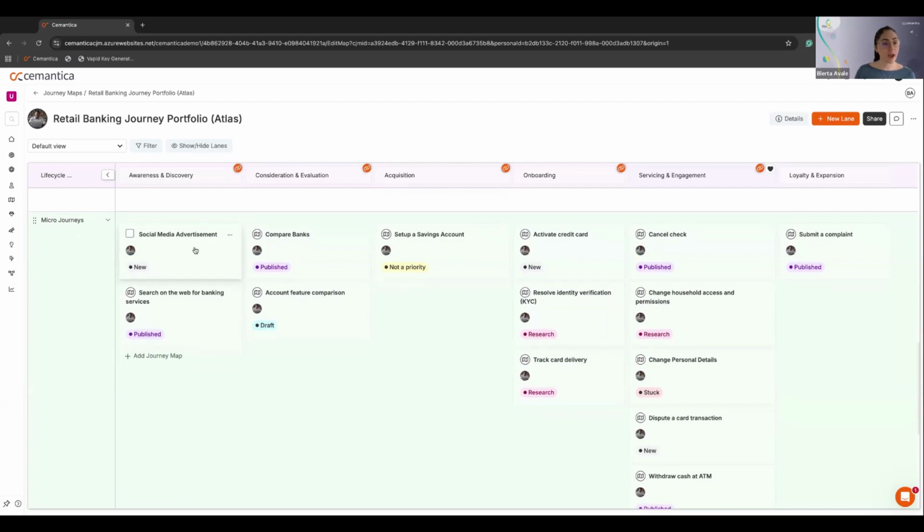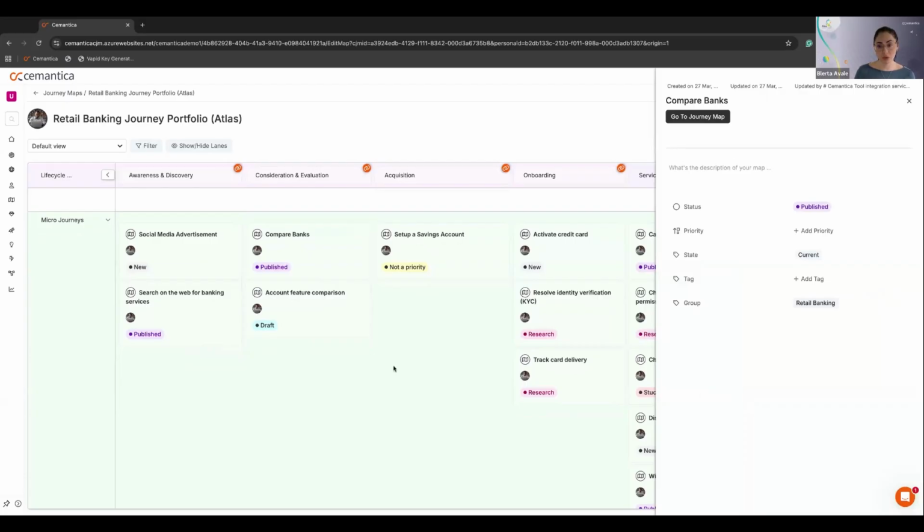We have social media advertisement, for example, as a micro journey here under the awareness and discovery stage. We have comparing banks as a micro journey under consideration and evaluation stage here. And the same thing, clicking into this journey, you can also assign a priority, a state, tagging also accountability for micro journeys.